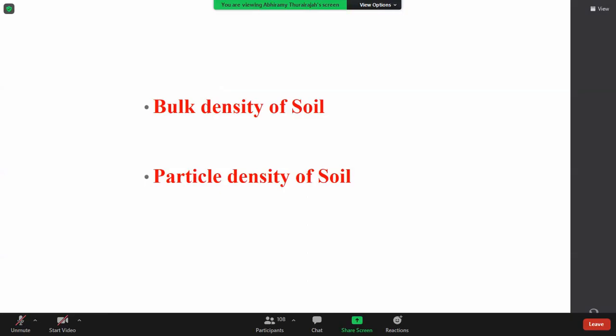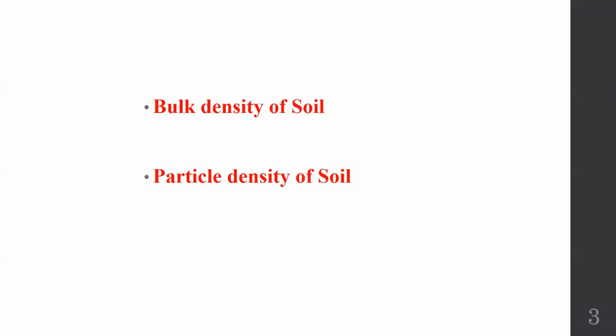Bulk density is determined by soil texture and structure. Particle density is determined by organic matter and mineral matter. Yeah, those are the factors affecting bulk density and particle density.